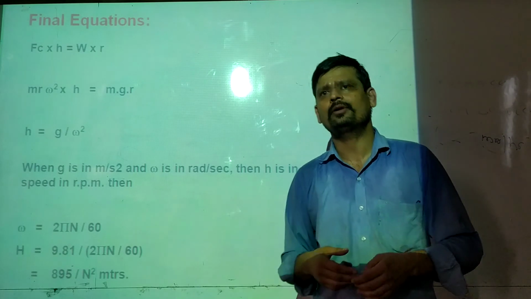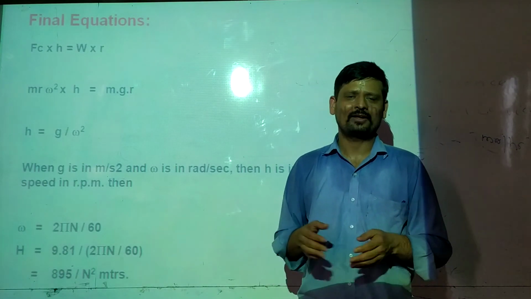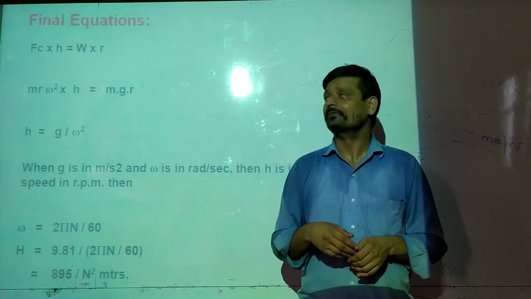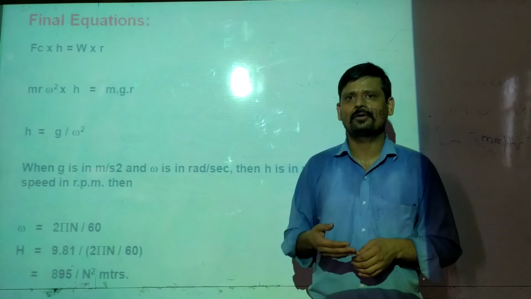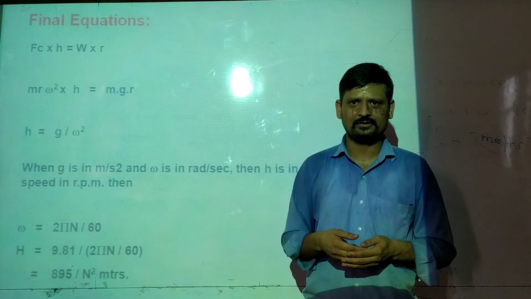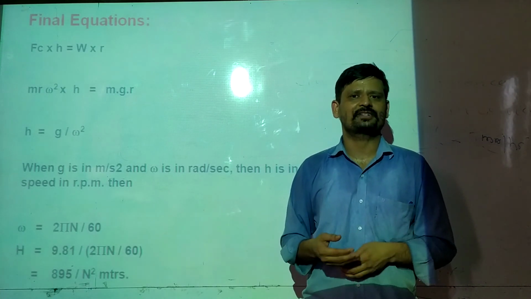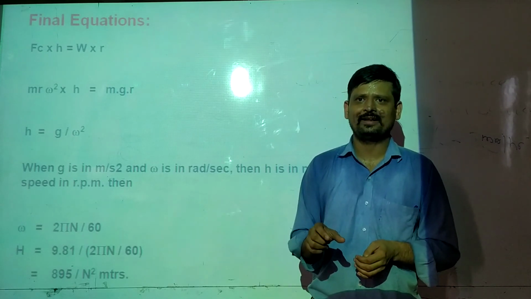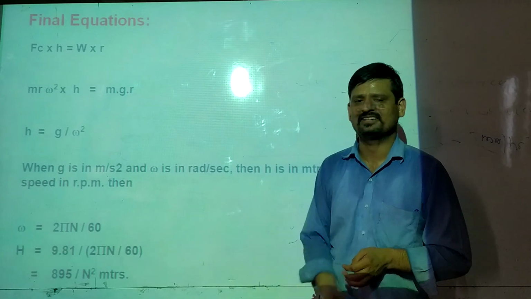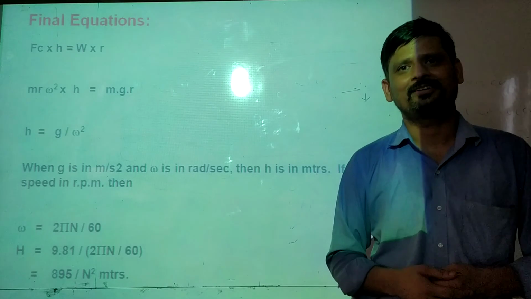So this is all about the mechanical governor, centrifugal governor, or Watt governor, whatever you call it. The main objective is to study the centrifugal governor, its function, how it works, and the mathematical expression we use for making a relation between the height of a governor and the speed of a governor for a Watt governor. Okay, thank you.